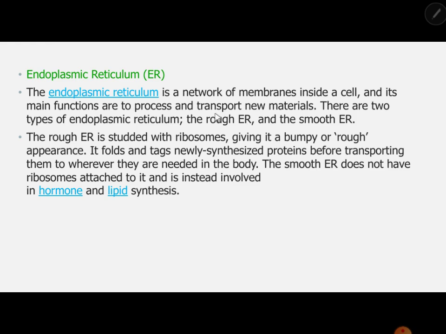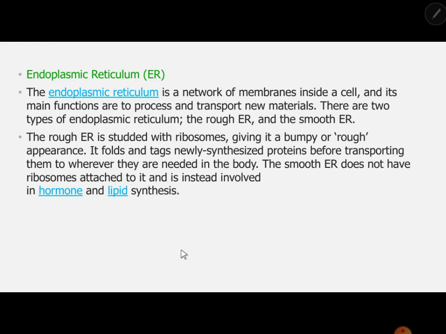The transportation and processing of these materials depends on whether it's a rough or a smooth endoplasmic reticulum. The rough endoplasmic reticulum has ribosomes. That's why it's called rough, giving it a bumpy or rough appearance.